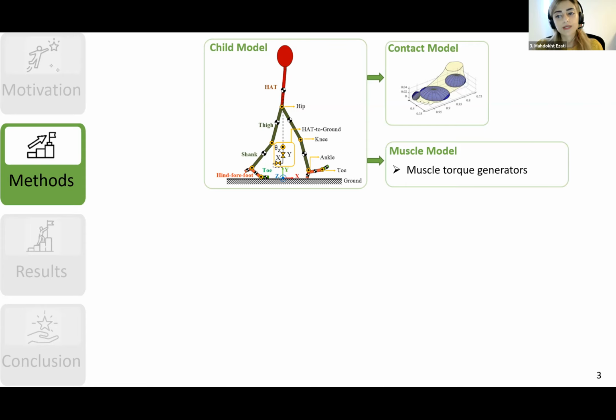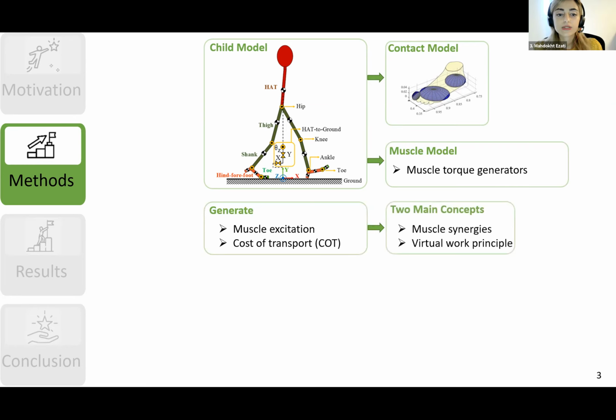Although muscle torque generators are much simpler, we proposed a method with which we could generate muscle excitation and cost of transport using muscle torque generators. And to develop this method, we took advantage of two main concepts, muscle synergies and virtual work principle.